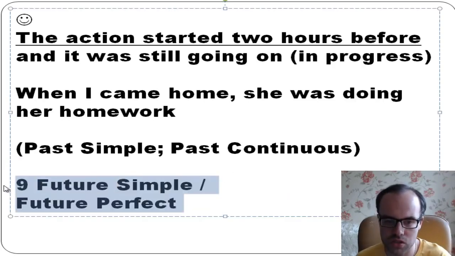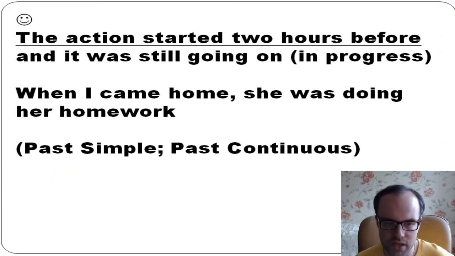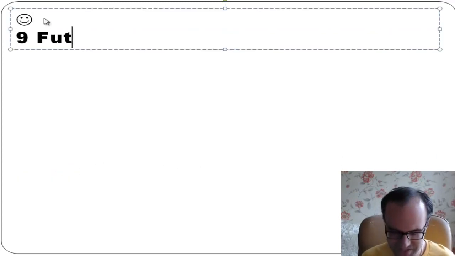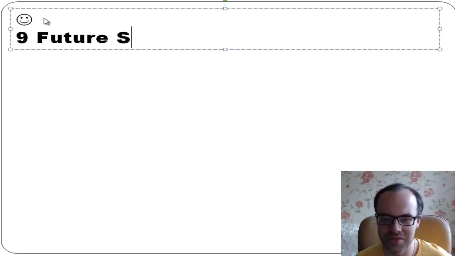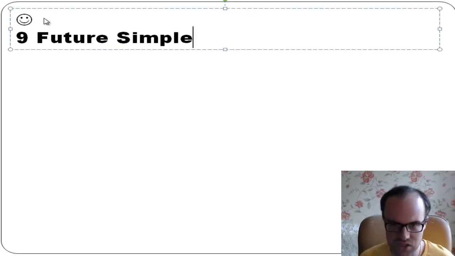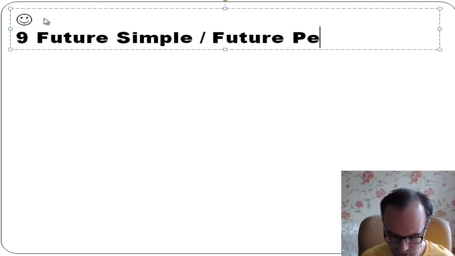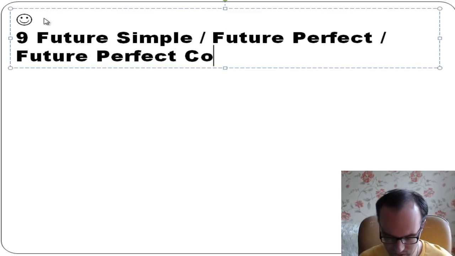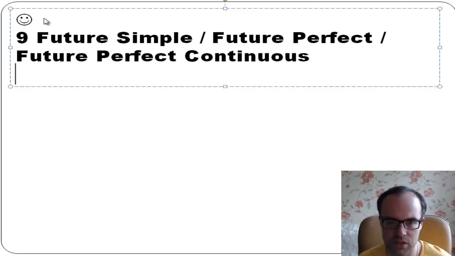And we also need to look at the second thing. I think it's difficult, but not so difficult as you might think. So future simple, future perfect, and future perfect continuous.